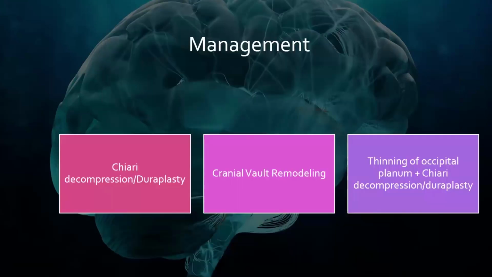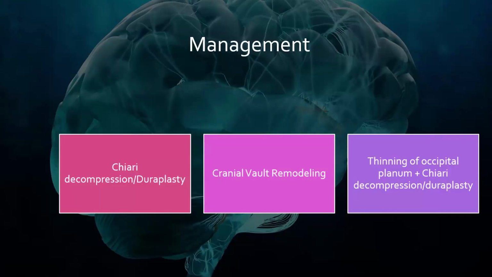So management for this, you could do multiple things, and again small series of patients have been described in the literature. I think the typical is to do a Chiari decompression and duroplasty. There are small case series of some surgeons who've decided to do a cranial vault remodeling, but obviously that's very difficult in older children.